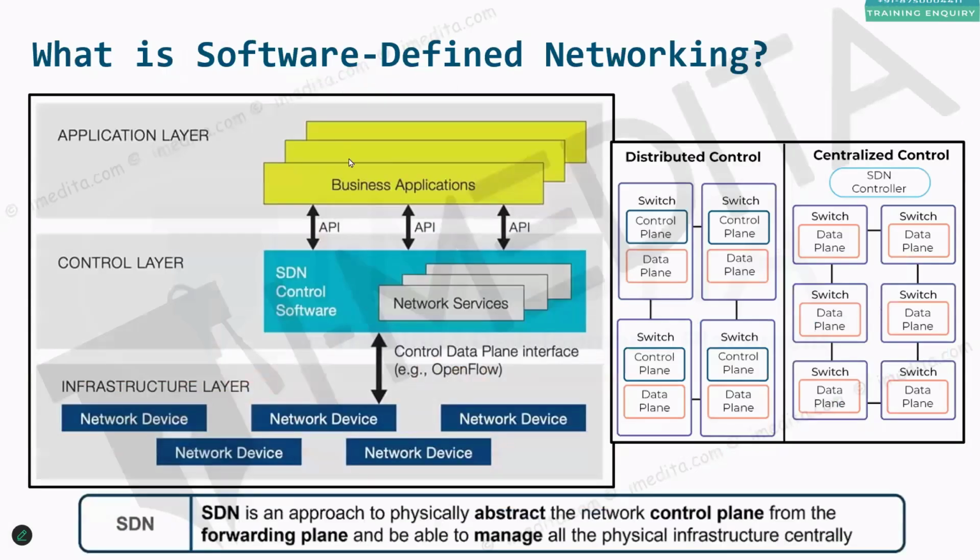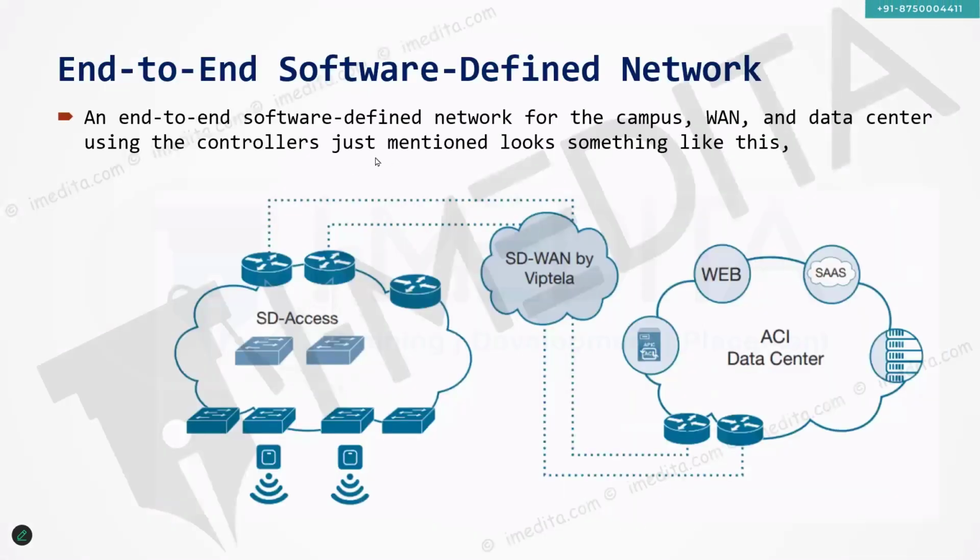Right. So this is the overall picture of the SDN solution offered by Cisco. Other vendors also provide these kinds of solutions, but this is the solution offered by Cisco when it comes to software-defined networking.